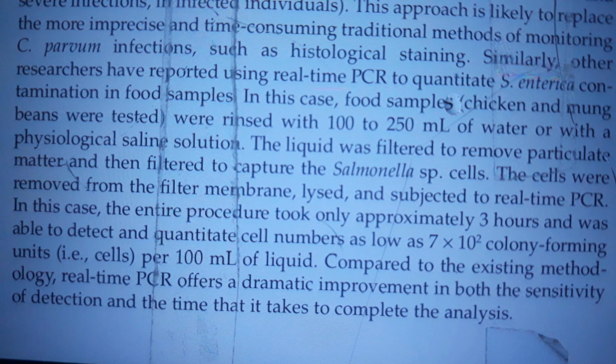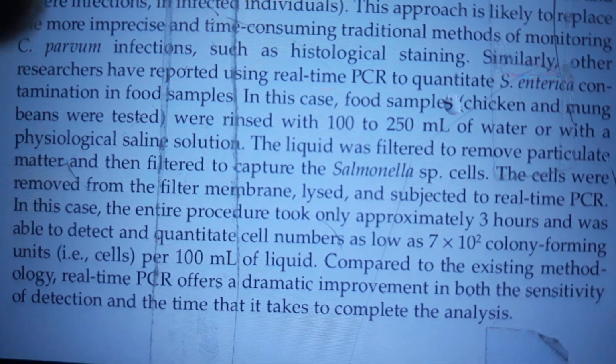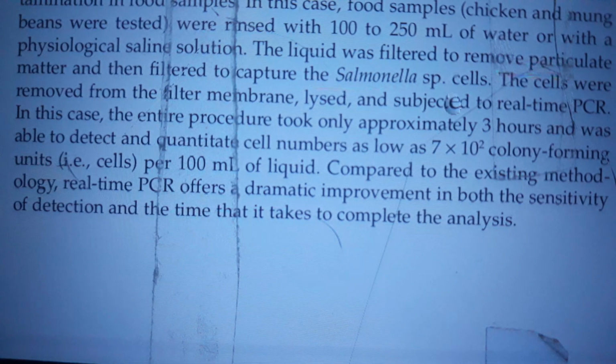The liquid was filtered to remove particulate matter and then refiltered to capture the Salmonella cells. The cells were removed from the filter membrane, lysed and subjected to real-time PCR.